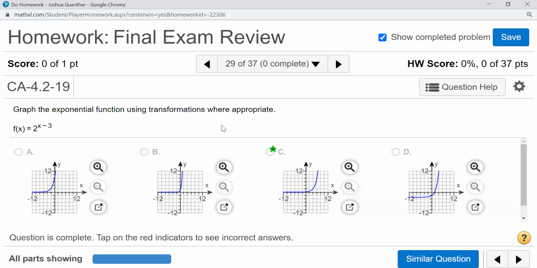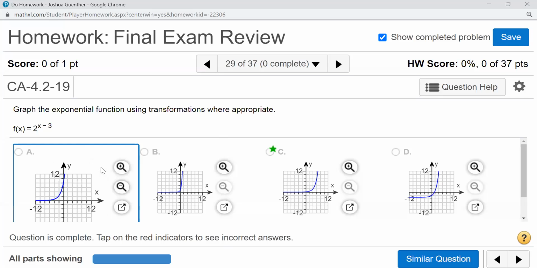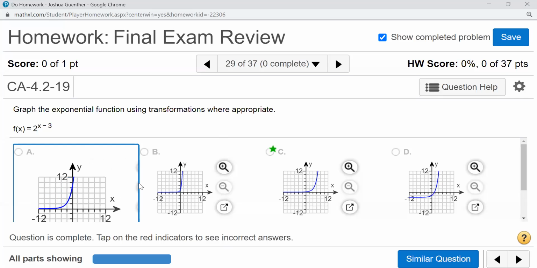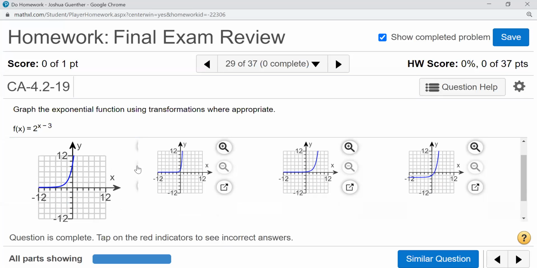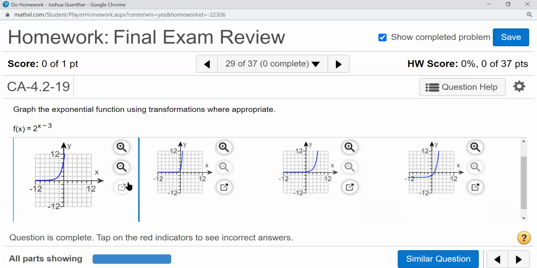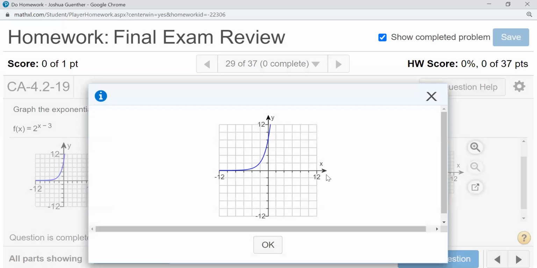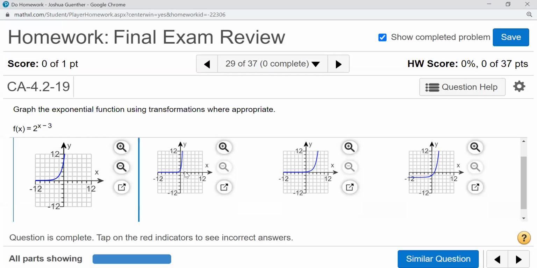What it's going to do, there's a few key things. For one, we can zoom in on this to see it a little bit better. We can even, I believe, open it up and look at it more closely. The question is, which one is it?